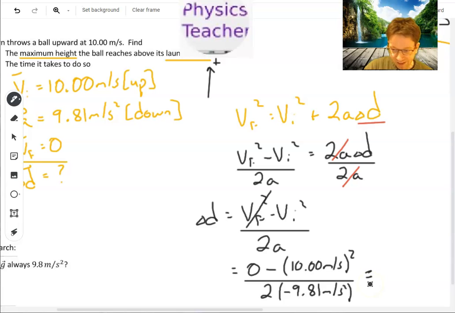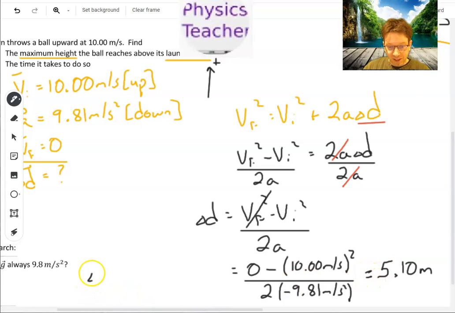And we put that into our calculator and get 5.10 meters.